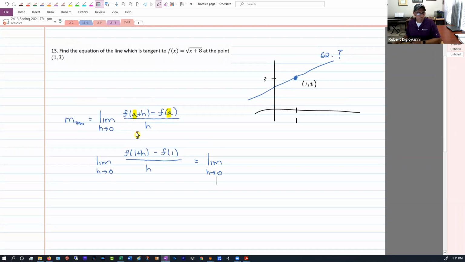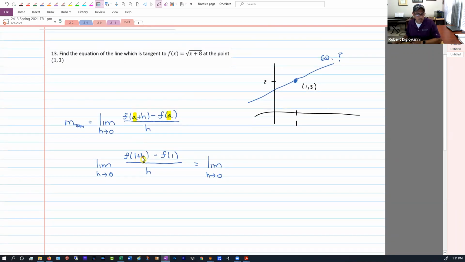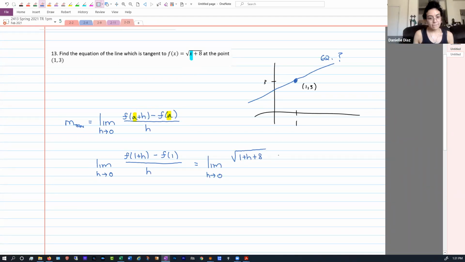So what happens if we plug 1 plus h into this? That means we have to replace this x with 1 plus h. We will get the square root of 1 plus h plus 8. Isn't that what we get? And then minus f of 1, that's okay because we just plugged 1 in there.